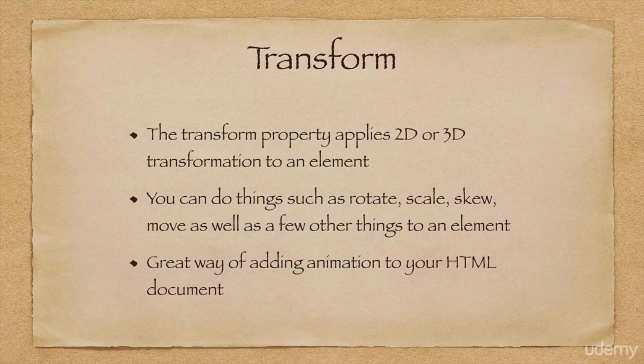In essence, the transform property gives you the ability within HTML and CSS to add animation to your web page. You can do some wonderful things with rotations and scales and moves and skews. It really is giving you a lot of power without actually having to do any Java or any code whatsoever. It's a wonderful, wonderful property to use.